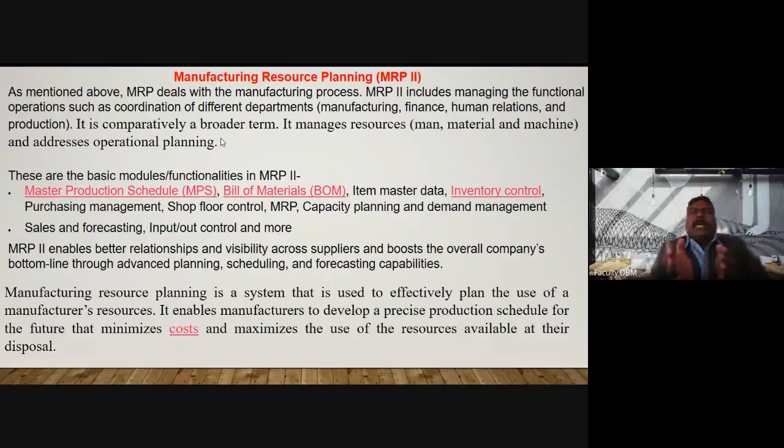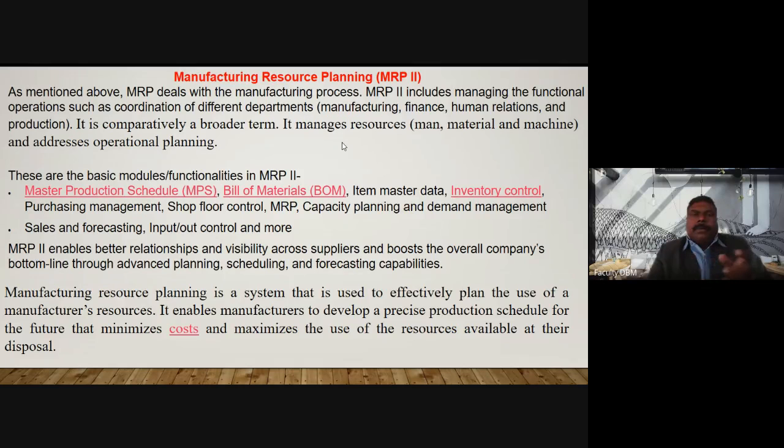One thing here: a good manager, whether a production manager, function manager, HR manager or R&D manager, everyone will look for minimizing the cost and maximizing the resources available at their disposal.